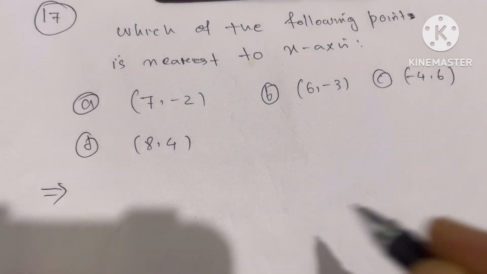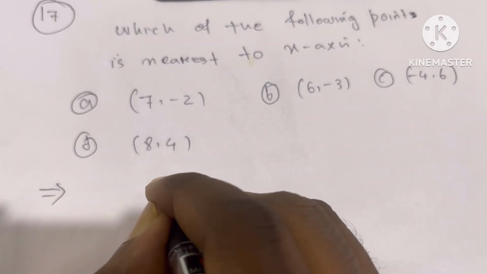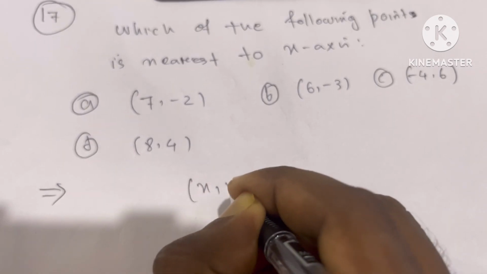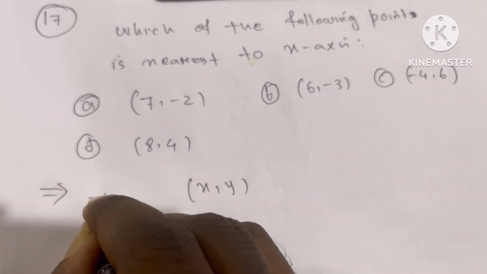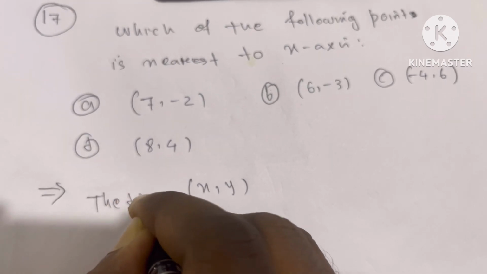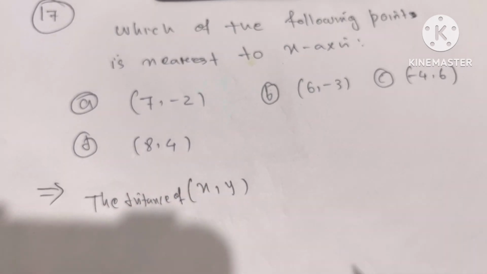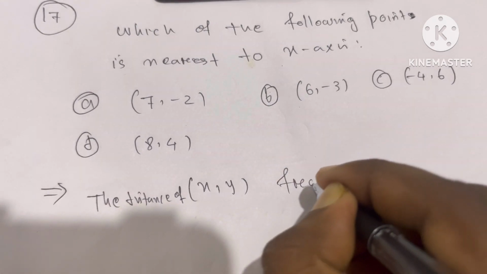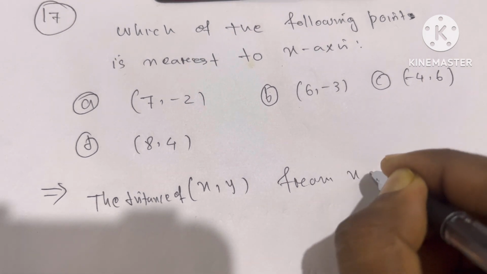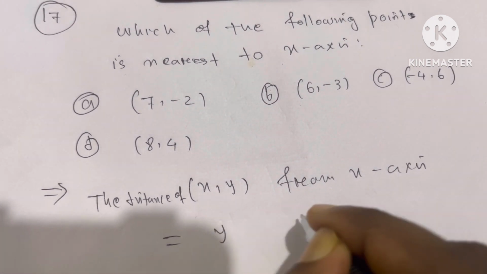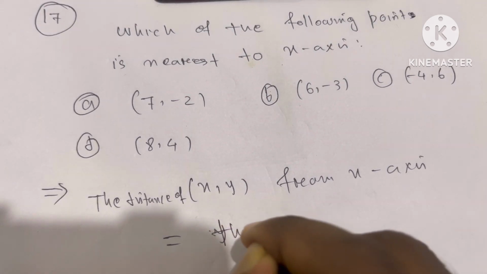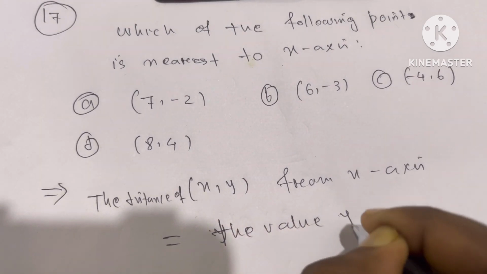As you know, the coordinate point x comma y, the distance of x comma y from x-axis is equal to the value of y.